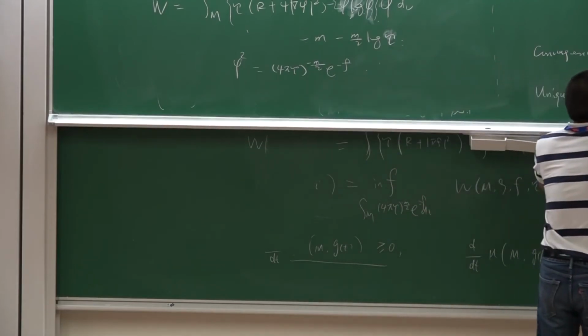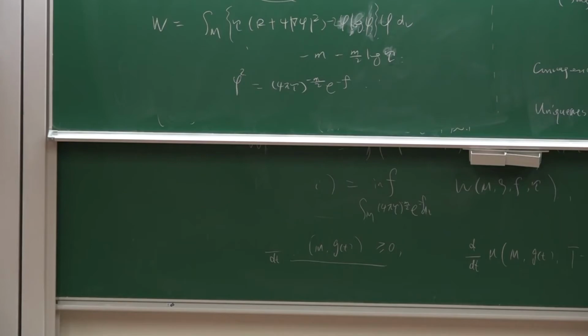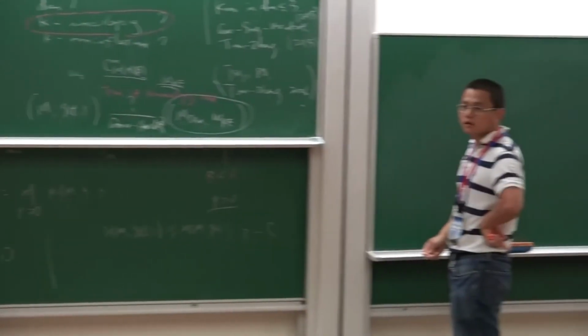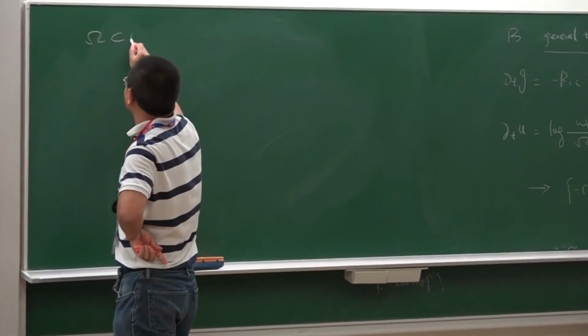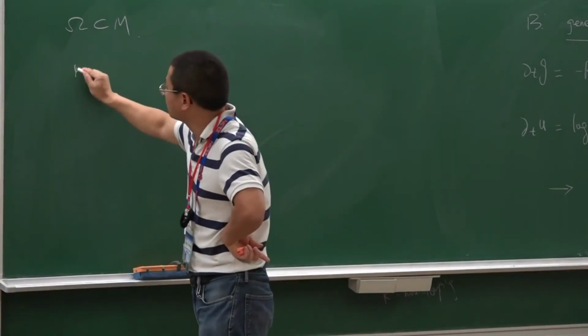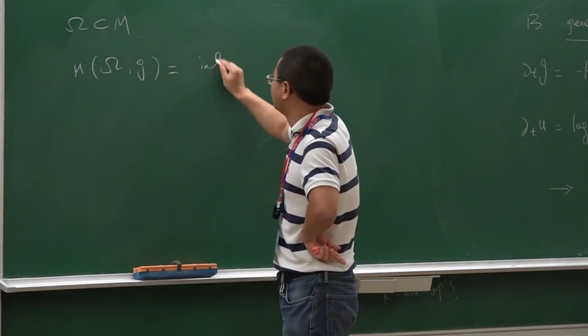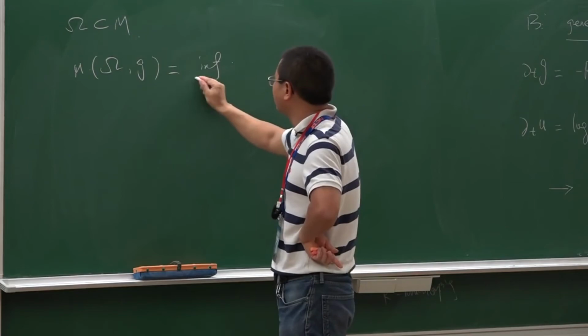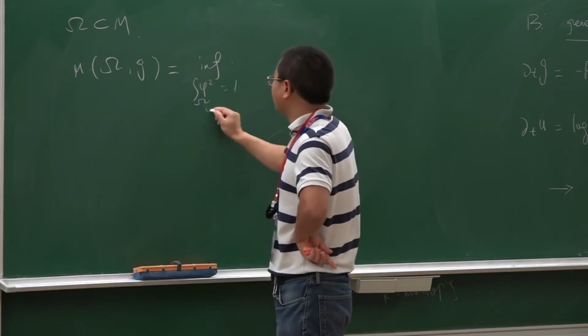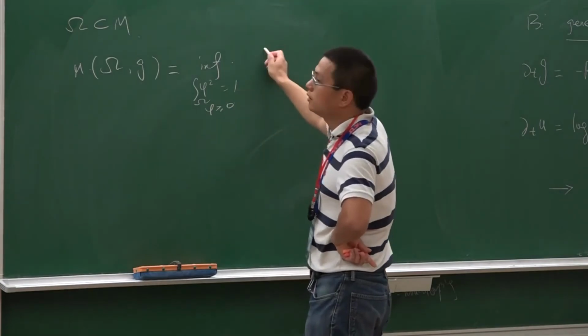Then I can localize this functional on a compact domain. I define the mu functional of omega, g to be the infimum over all phi with the integral of phi squared in omega equal to 1.